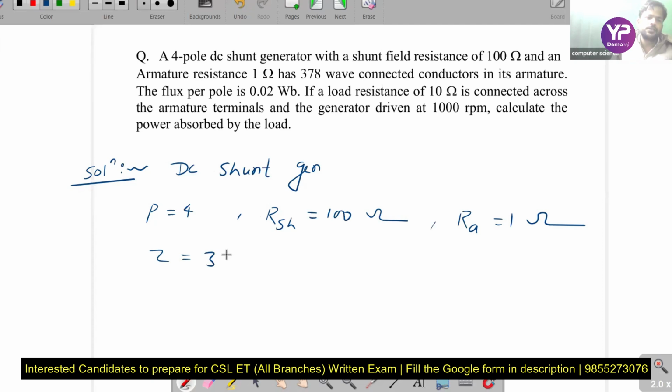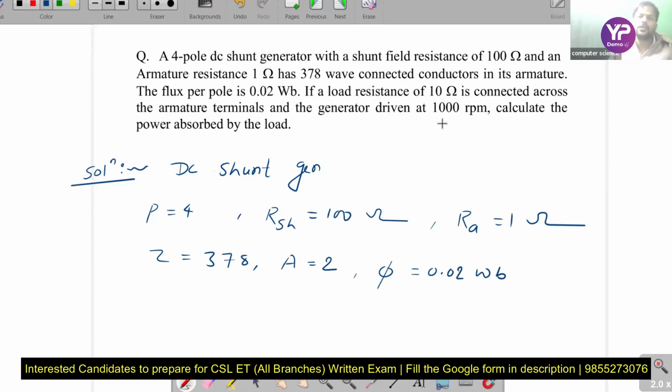Z is equal to 378, and the connection of the winding is wave, which means the number of parallel paths is 2 in its armature. The flux per pole is phi equal to 0.02 Weber.